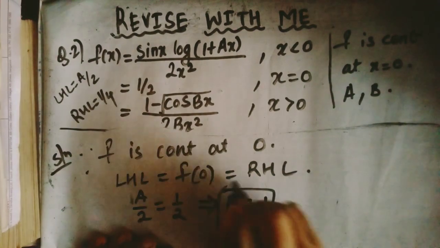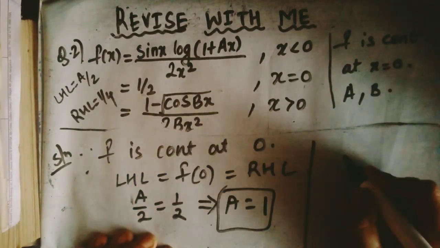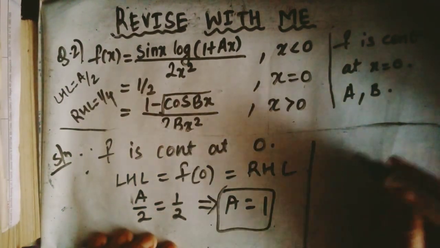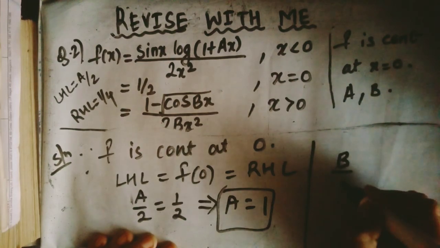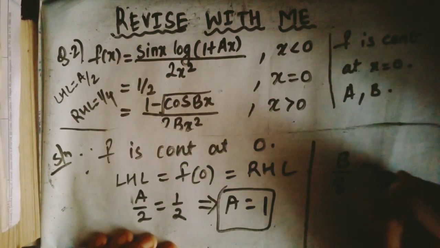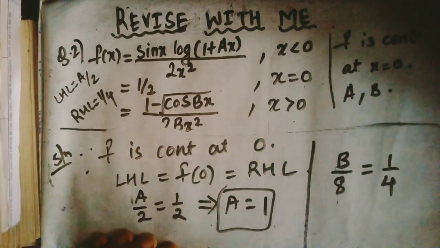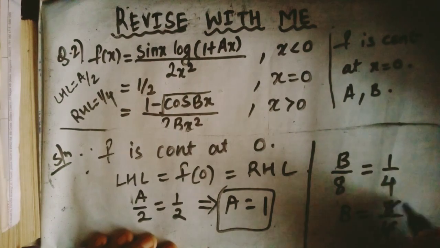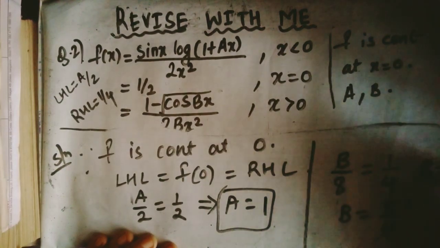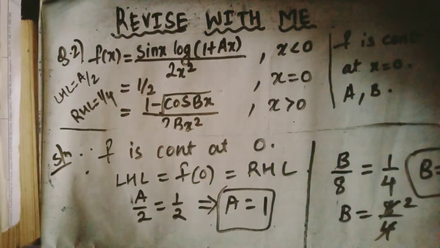Okay, and then equating it to RHL, you'll get b by 8, right, equal to 1 by 4. So this is b equal to 8 by 4. So b is equal to 2.